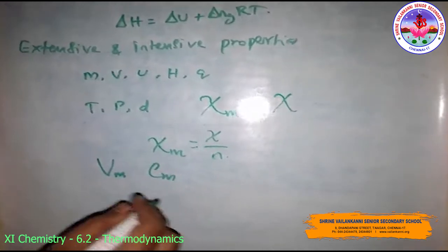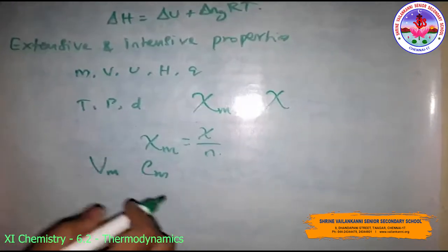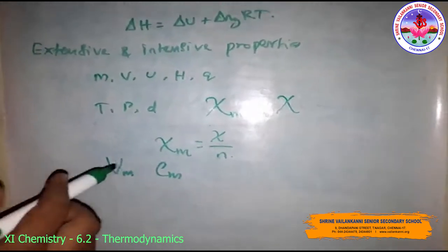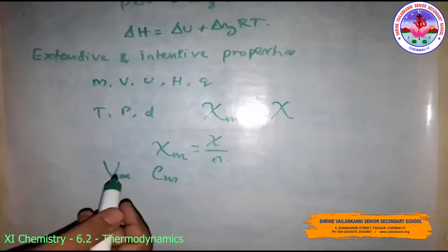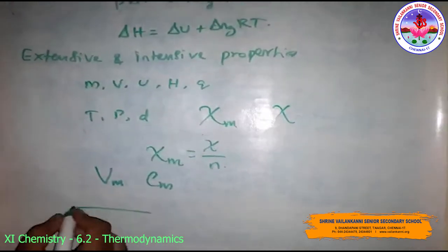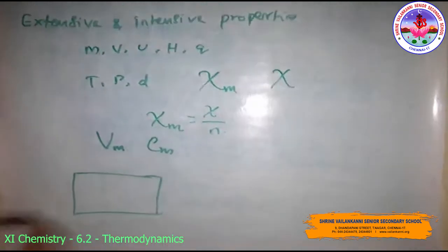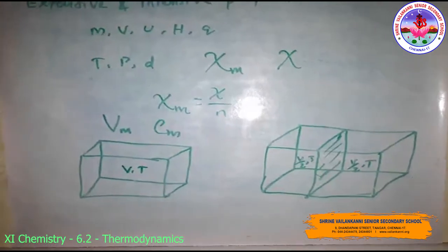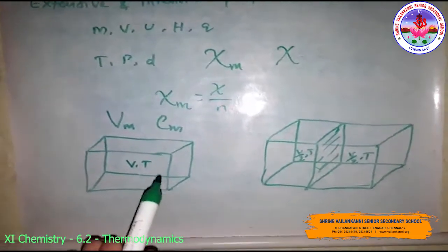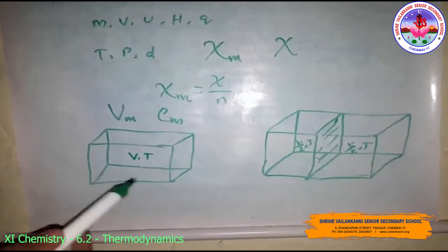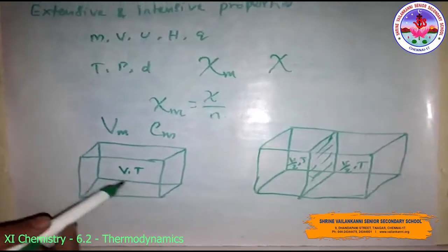See, there is a distinction between the extensive and the intensive properties by considering a gas enclosed in a container of volume V and temperature T. I will draw one example. Look at this diagram, that is V and T, volume and temperature. This is the partition, each part having half of the volume of the gas.